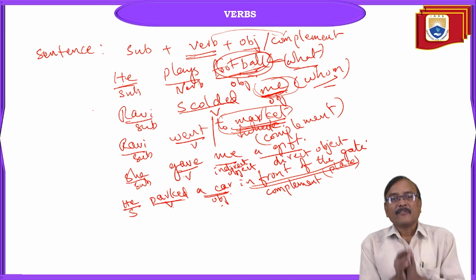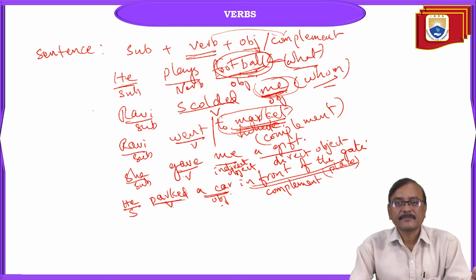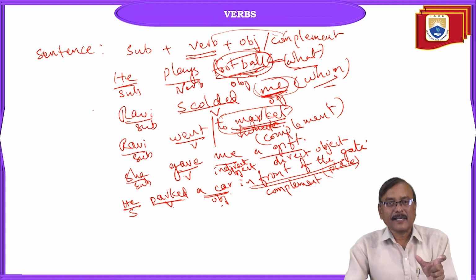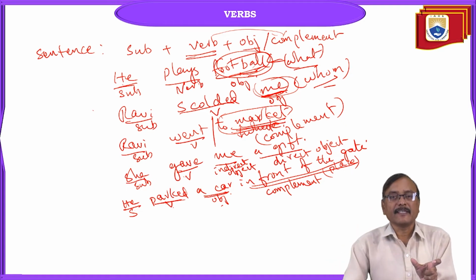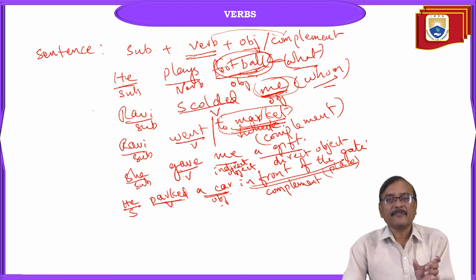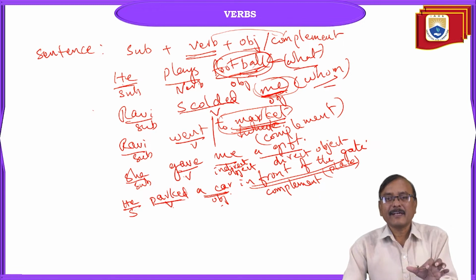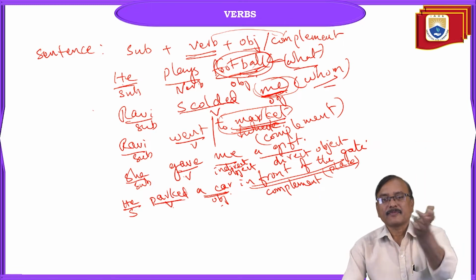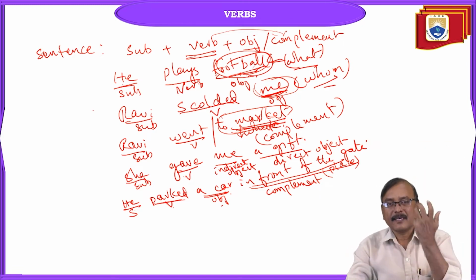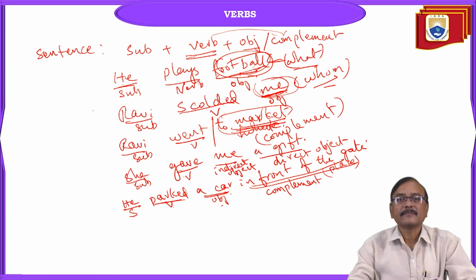Like that, whenever you read a sentence, for better comprehension, immediately after the verb, try to raise a question. The question will be what, or whom, or where, or when, or why. Definitely, immediately after the verb, some questions arise in our mind.